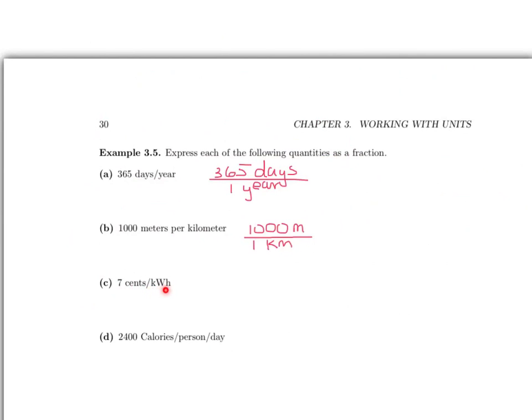So this is read kilowatt hours. So the whole thing is 7 cents per kilowatt hour. If we write this in fraction form, it would be 7 cents divided by 1 kilowatt hour.